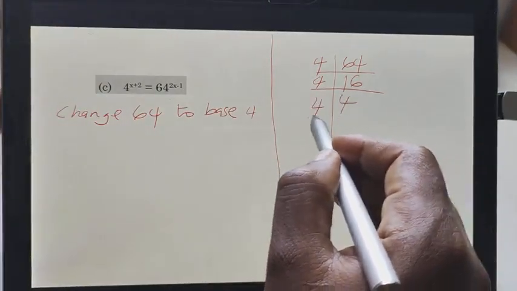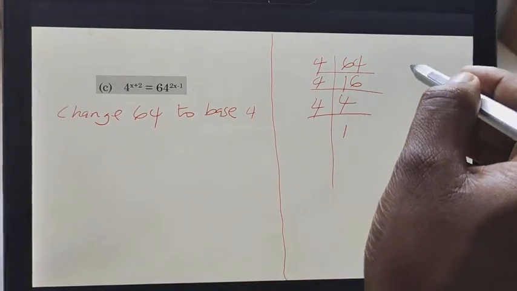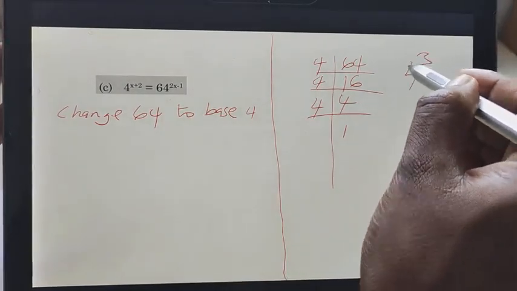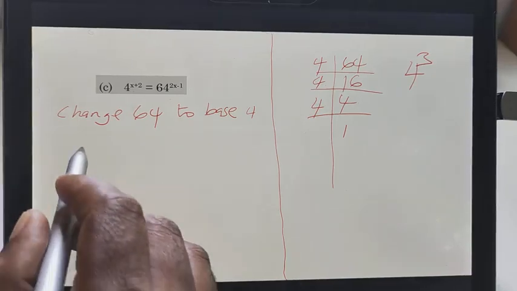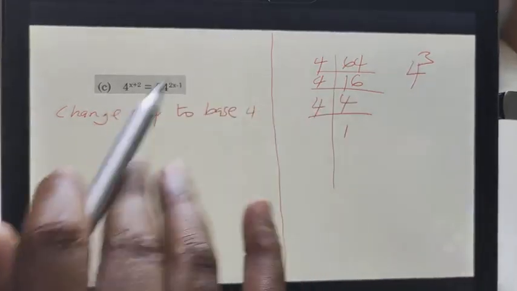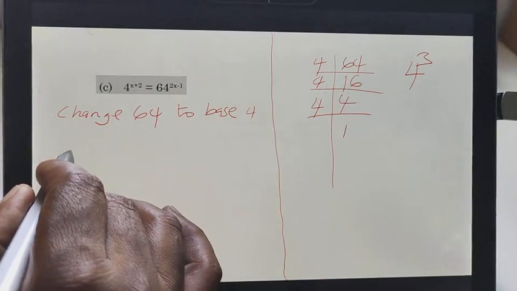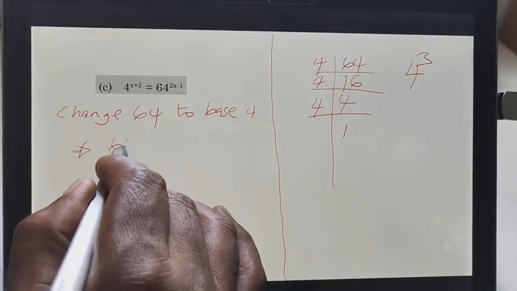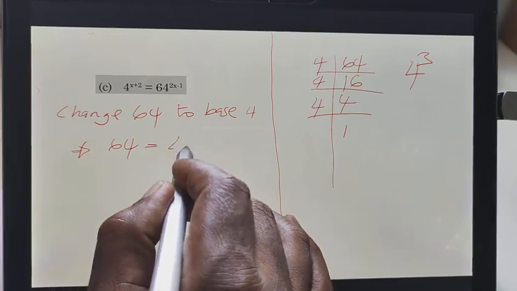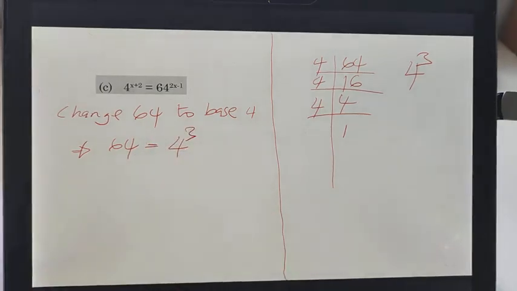Then 4 into 4, that's 1. Okay, remainder 1. So you have 4 to the power 3. Therefore, we'll say that 64 is equal to 4 to the power 3.